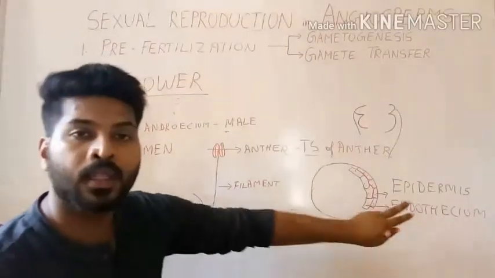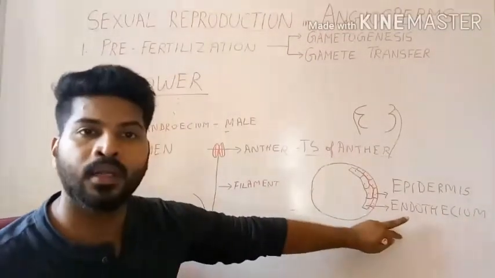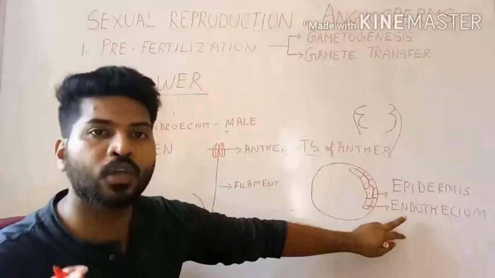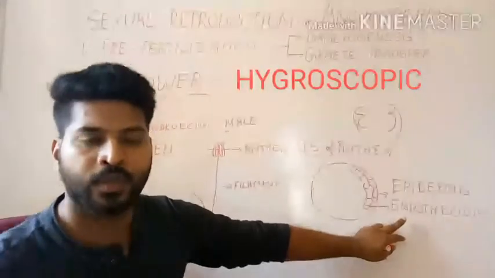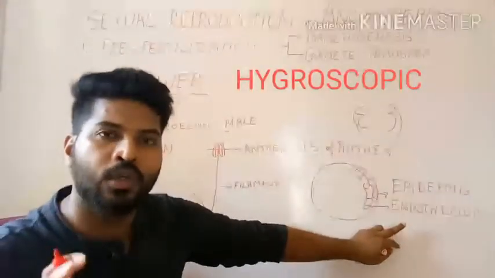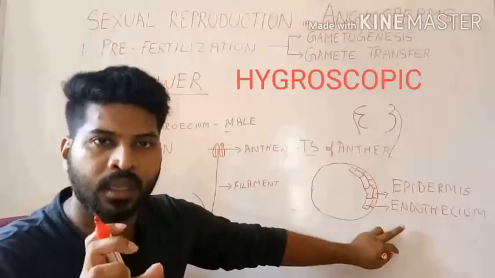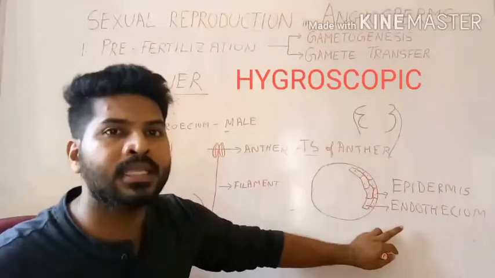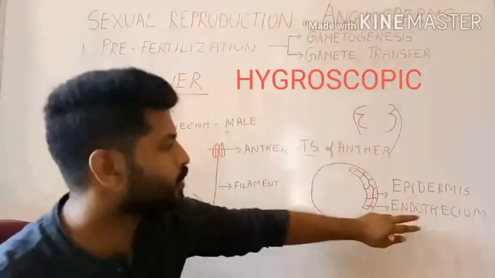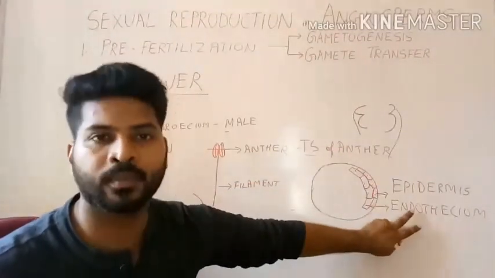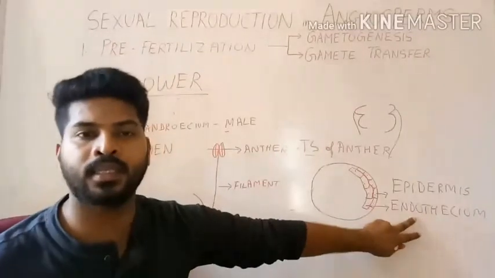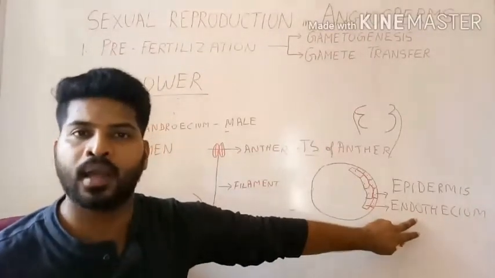Other than that, the endothecium layer is hygroscopic. So when this layer loses water, it will shrink and help in the dehiscence of anthers. So other than the protective function, the endothecium also helps in dehiscence of the anther.